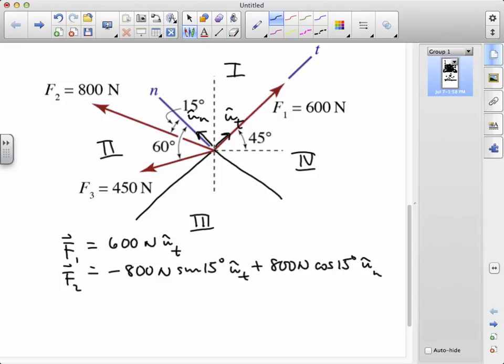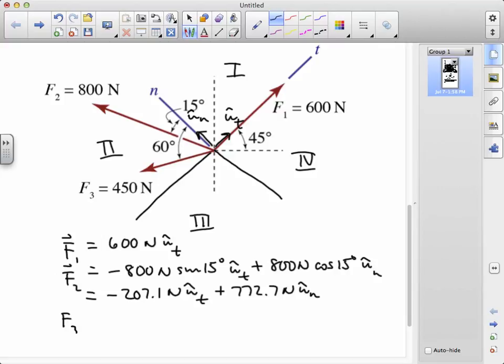And those numbers turn out to be equal to minus 207.1 newtons in the tangent direction and plus 772.7 newtons in the normal direction.